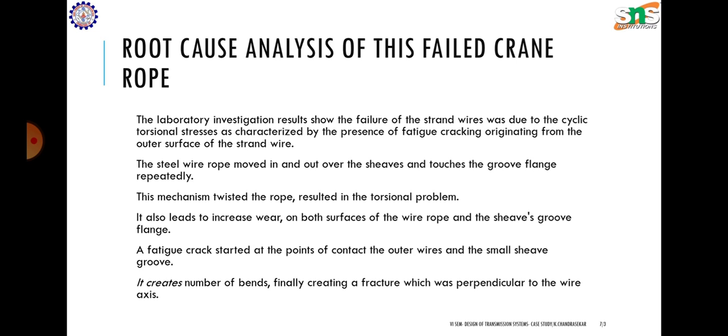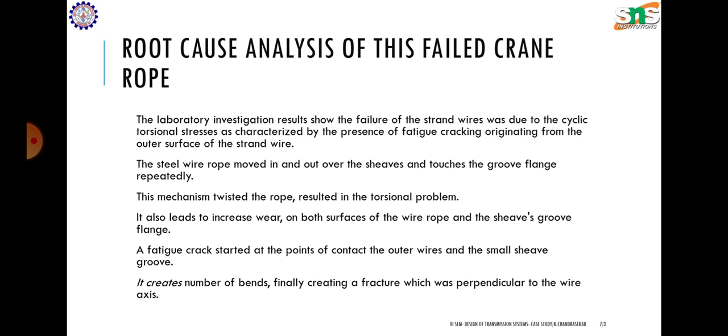So the main reason for the failure of the rope is torsional stress. Normally we consider only bending and tensile stress for the design, but in this case it was found that torsional stress is the reason for the failure of the wire rope.